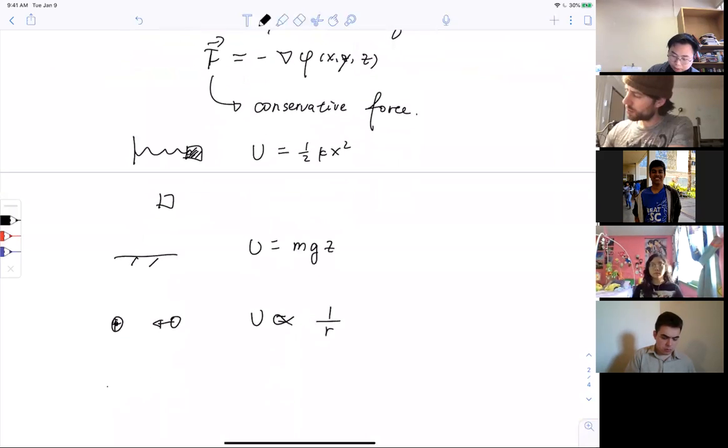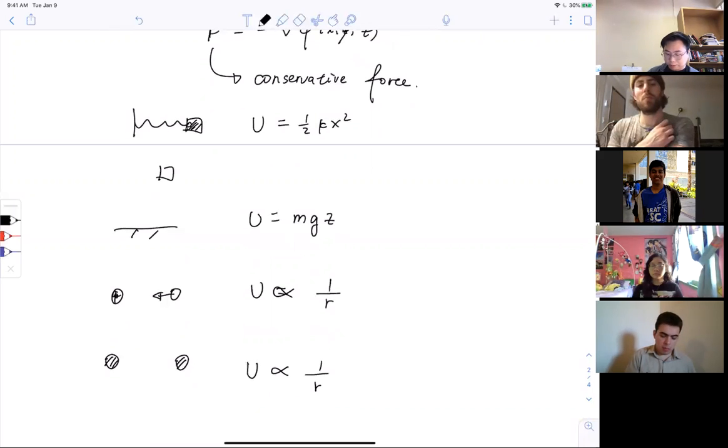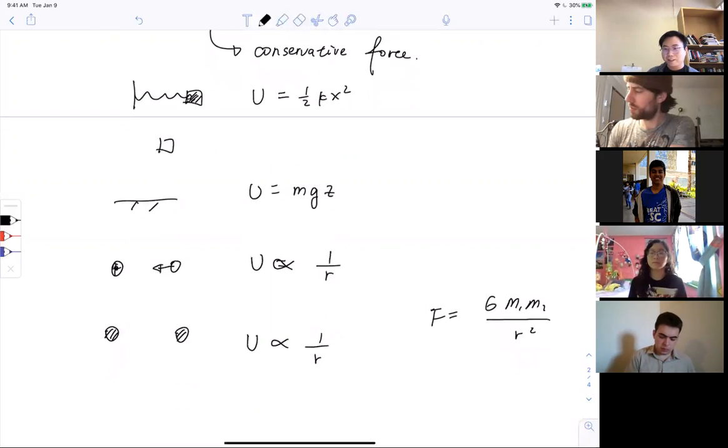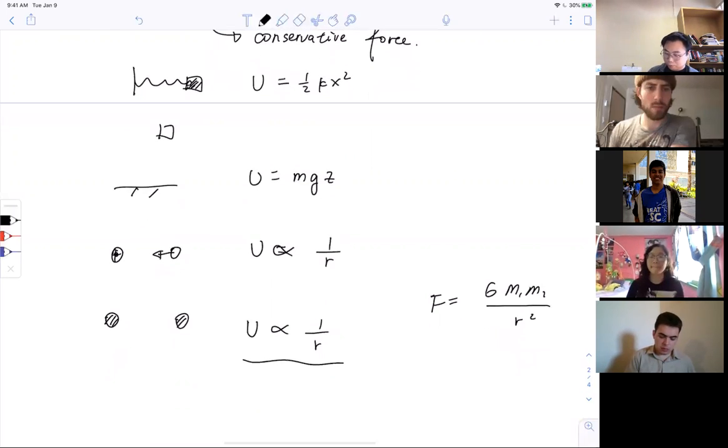Also the gravitational force between two massive objects is proportional to 1/r, right? Remember, the force is given by G m1 m2 over r squared, something like that. And then the potential is proportional to 1/r.